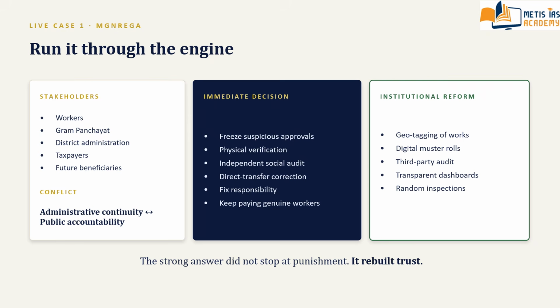Geotagging of workers, geotagging of works, digital muster rolls, third party audit, transparent dashboards, and random inspections. This is the institutional reform, the disease control. That is the symptom control, and this is the disease control.